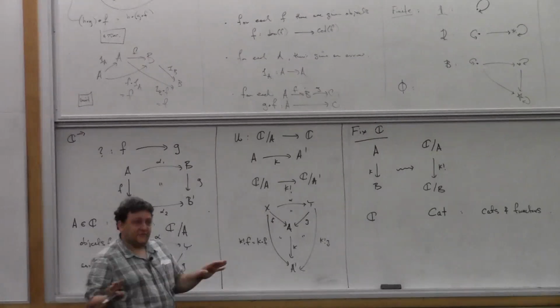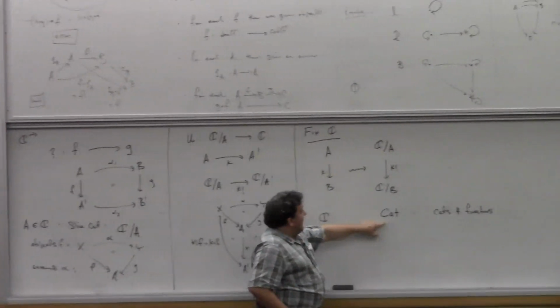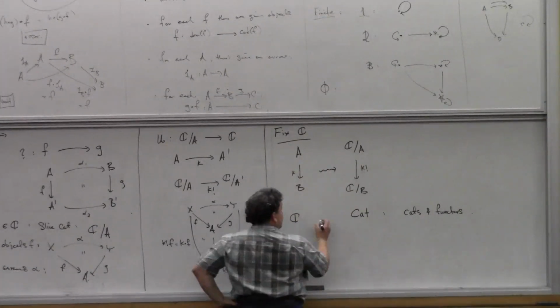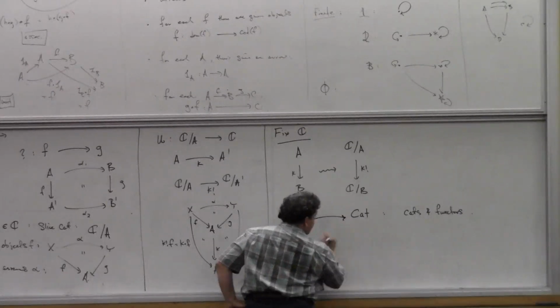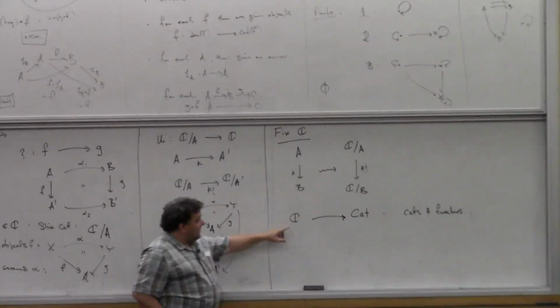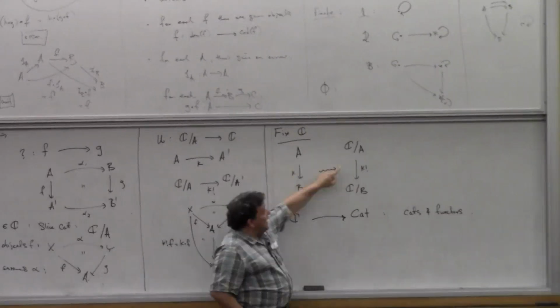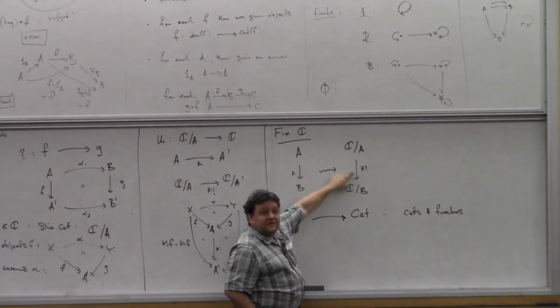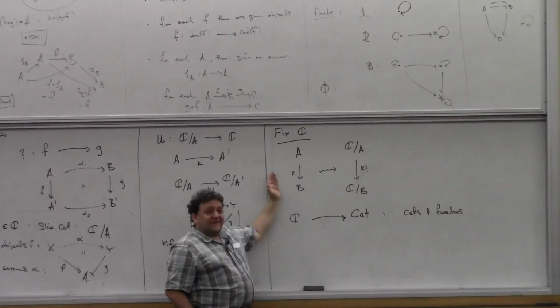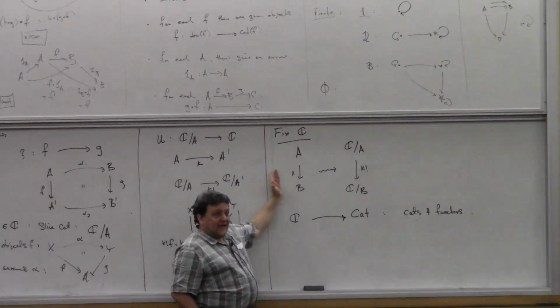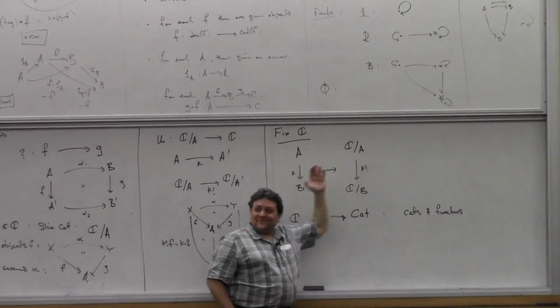So that's a category, full stop. And now this assignment is a functor. It takes an object of C to a category, it takes an arrow to a functor, and the whole thing gives a functor from the category to the category of categories and functors.